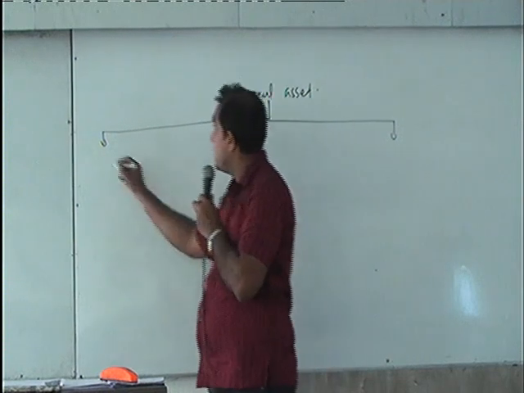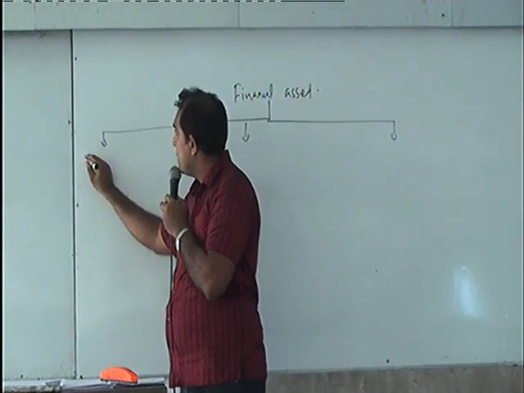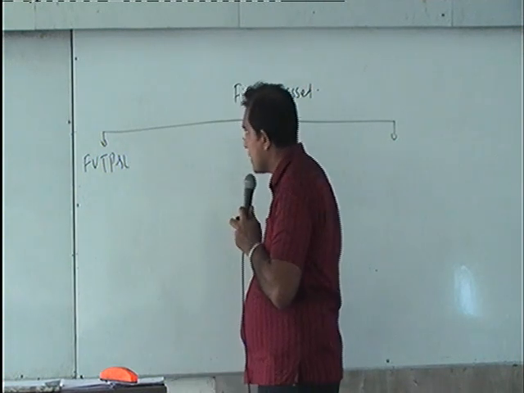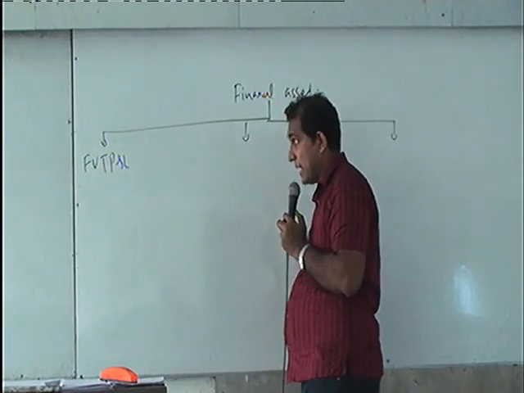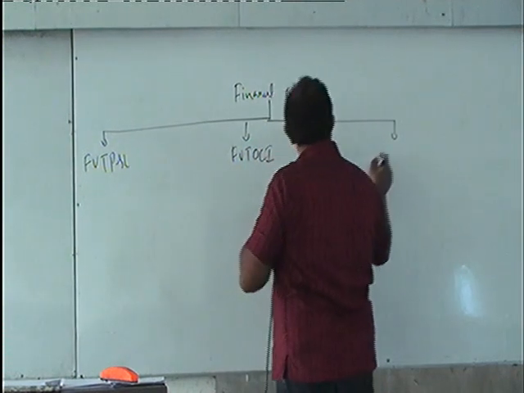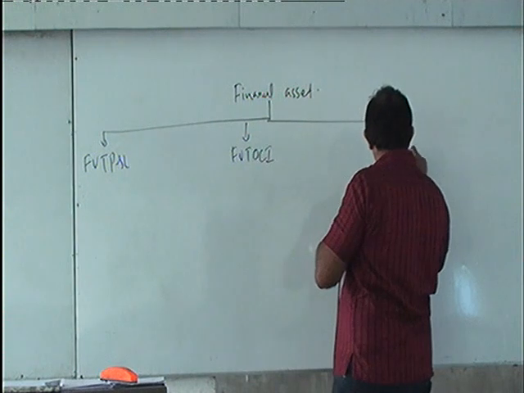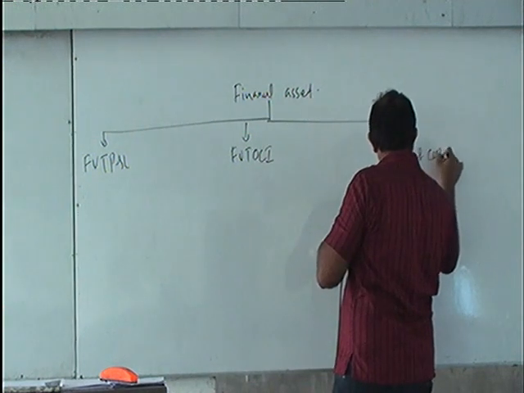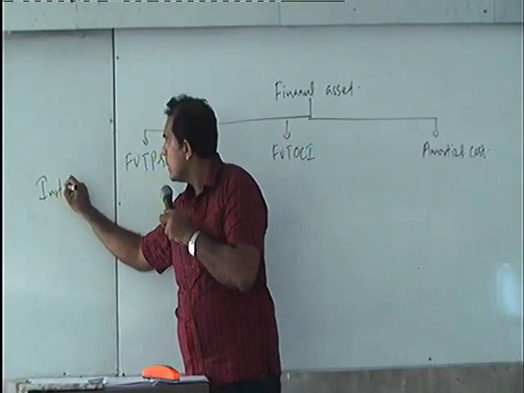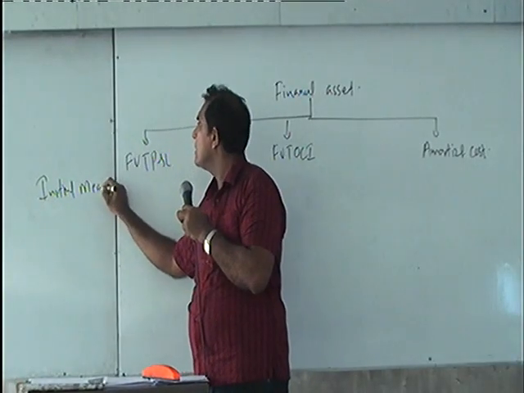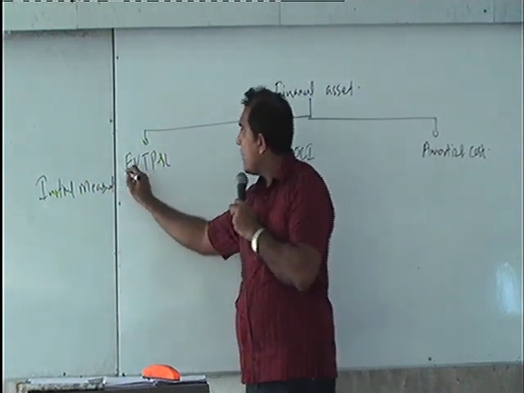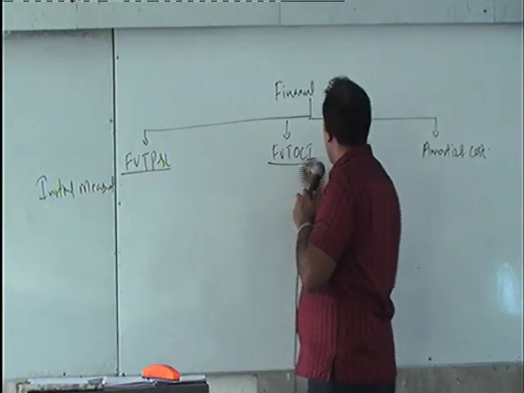Here, fair value through P&L, we'll take that one first. Fair value through P&L, fair value through OCI, amortized cost. Initial measurement.